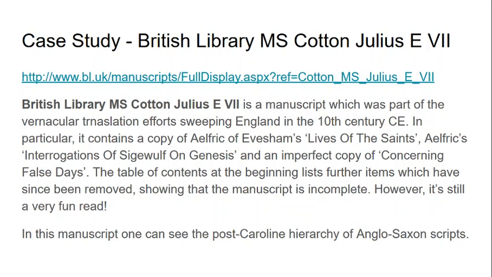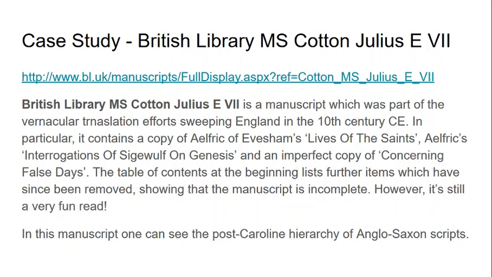So I want to look at a case study to show you how scripts and language interplay in early medieval England, and this is one of my favourite manuscripts. It is British Library MS Cotton Julius E VII, and it's what's called a legendarium, a collection of saints' legends, and it contains Ælfric of Eynsham's Lives of the Saints, and it also has a couple of other computistical texts.